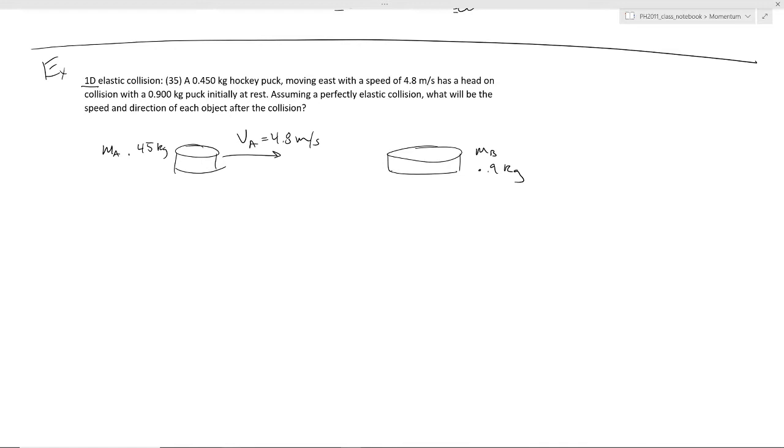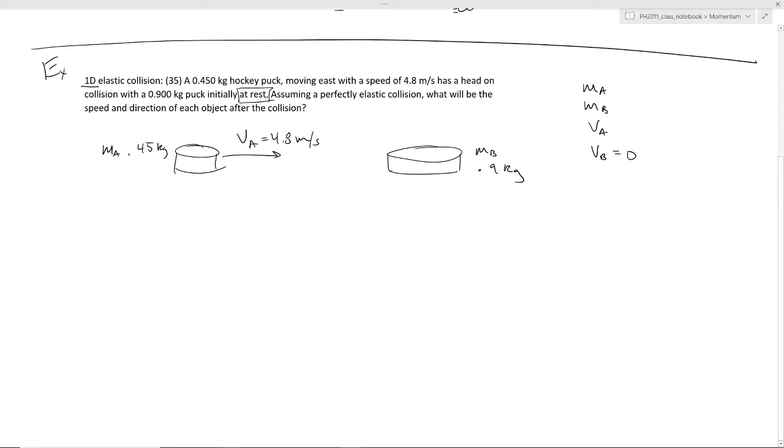Okay, so like I just said, the algebra can be a little bit complicated. Let's take stock of this problem. So we know MA, we know MB, we know the initial velocity of A. We also actually know that VB initial is 0, because notice it says that this puck is at rest.